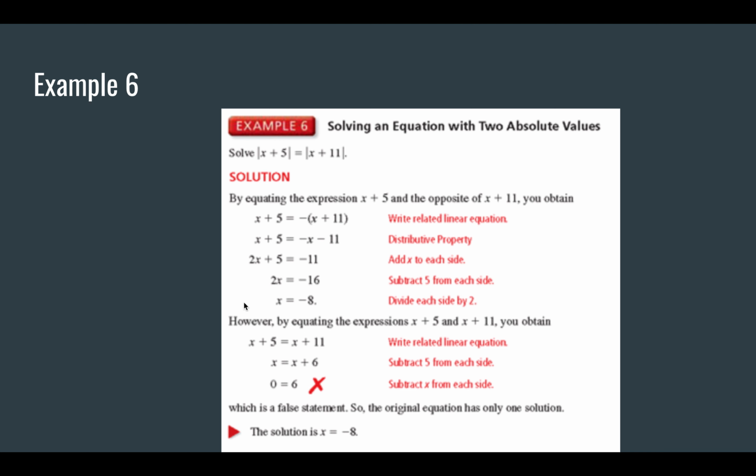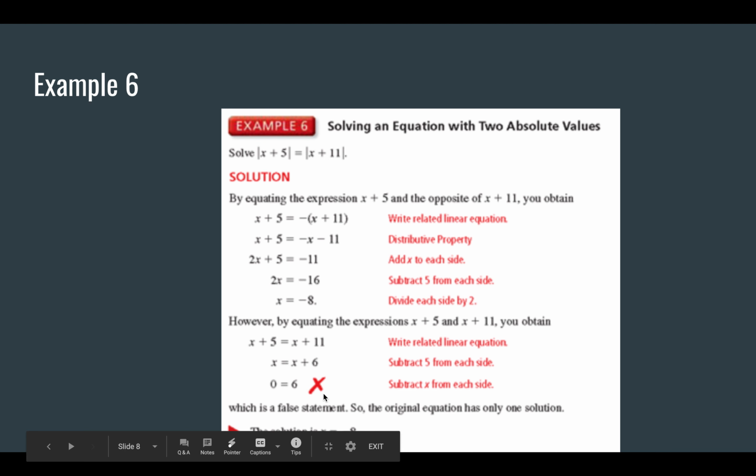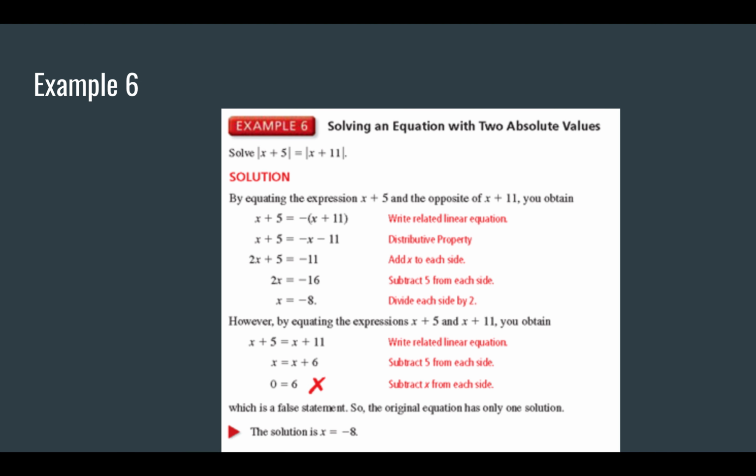However, by equating the expression x plus 5 and x plus 11, you obtain x plus 5 equals x plus 11. And you can solve from there, but you get 0 equals 6, and this is a false statement. So the original equation only has one solution, and the only solution is negative 8.